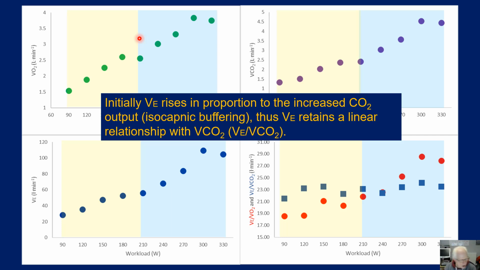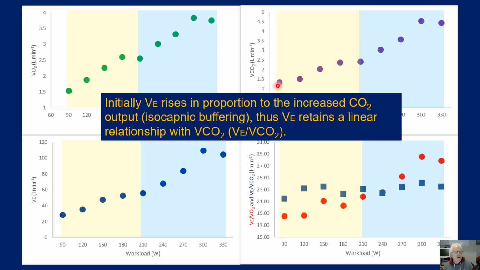Remember what we said earlier on, that when we look at the response for CO2 and the response for VE, remembering that minute ventilation VE is a function of frequency and tidal volume, notice that the two are proportional.